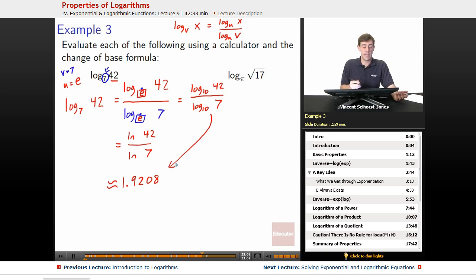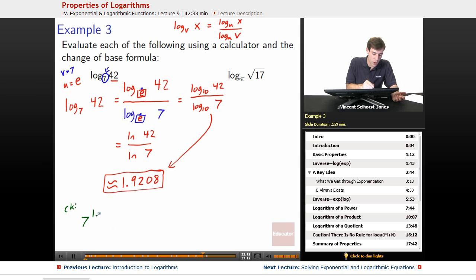And you'd wind up getting the same thing, approximately 1.9208. Now, if we want to check our work, we would check it by saying that 7 to the 1.9208 does come out to being approximately 42, so it checks out.